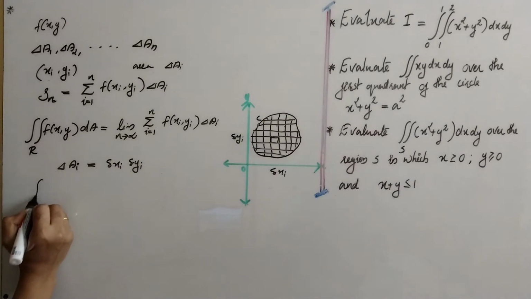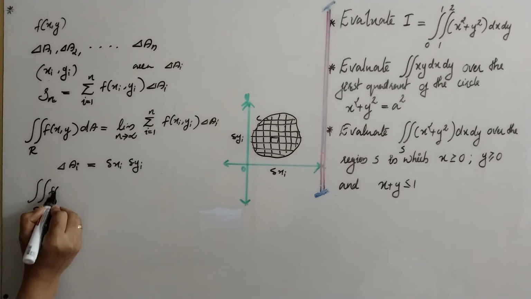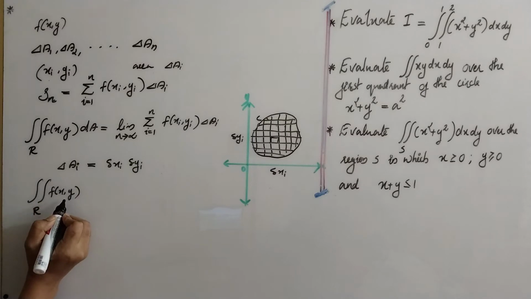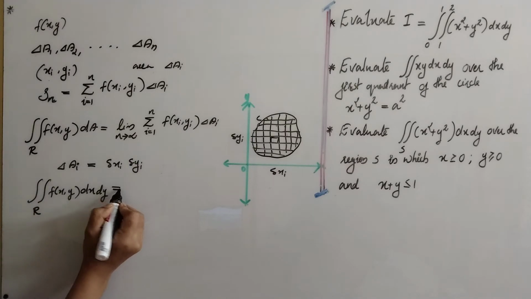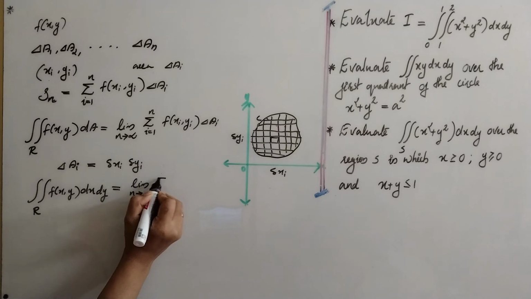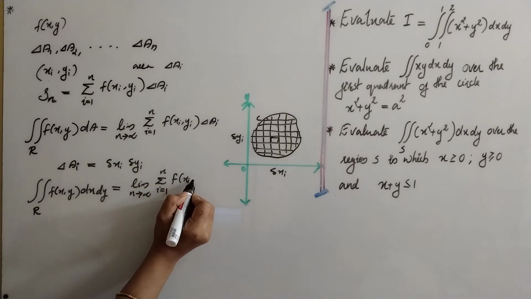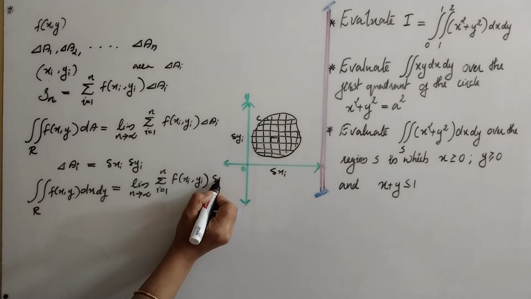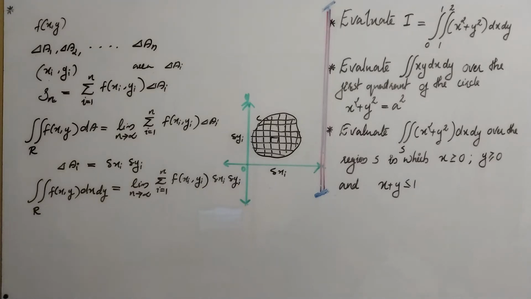Then the above integral becomes double integral over the region R f of x y dA, that is dx dy, is equal to limit n tends to infinity summation i is equal to 1 to n f of xi comma yi into delta xi delta yi.